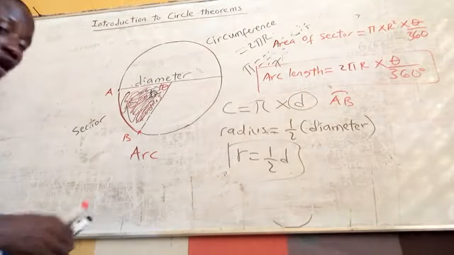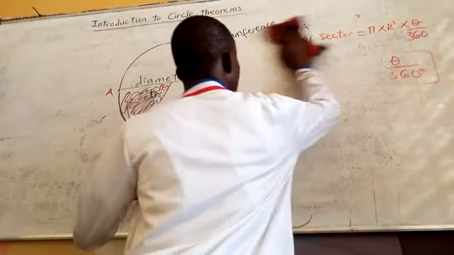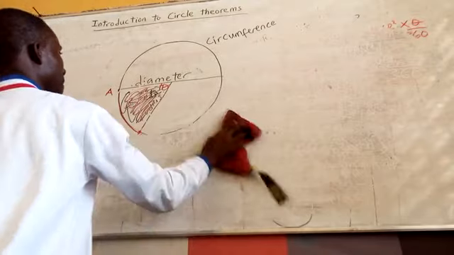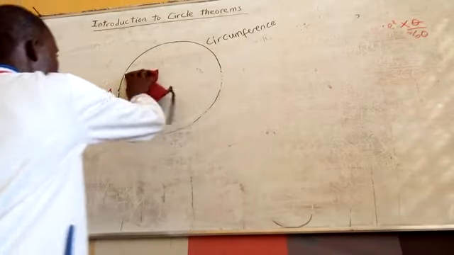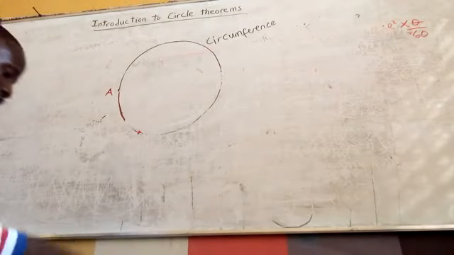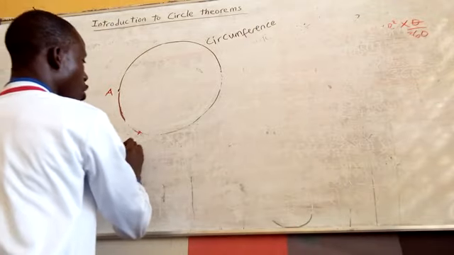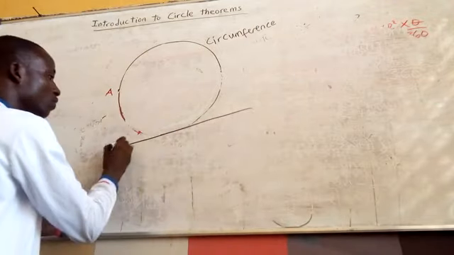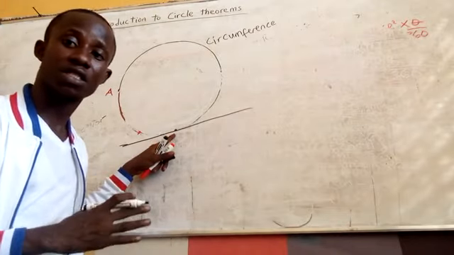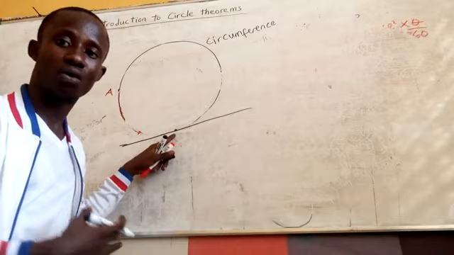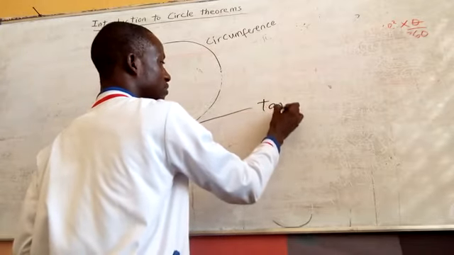Now, let's consider this circle again. If we draw a line outside the circle that touches the circle at exactly one point on the circumference, this line is referred to as a tangent line, or we say tangent.